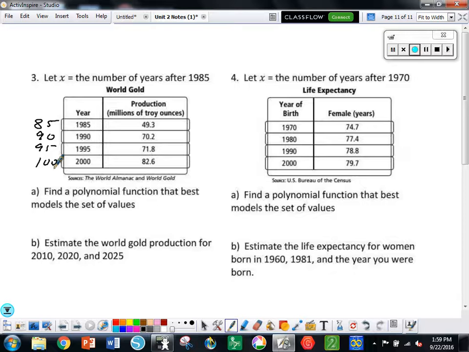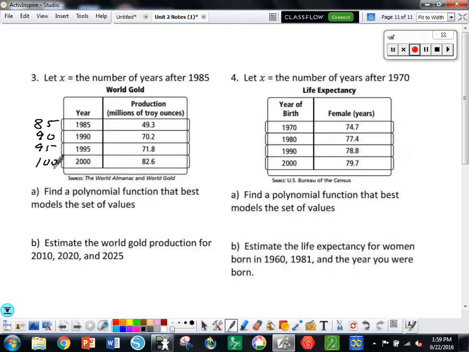Okay. So, the year. Sometimes people ask me, Mr. Roberts, which one goes in which? Who goes X's, who goes Y's? Well, if you remember back, when I taught Algebra 2, or even Algebra 1, we talked about independent and dependent variables. Dependent meaning it relies upon others.